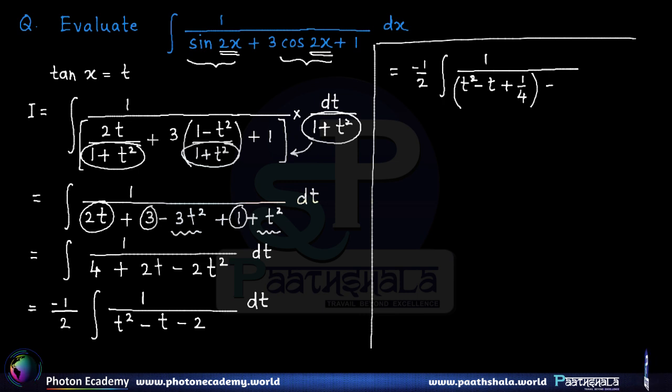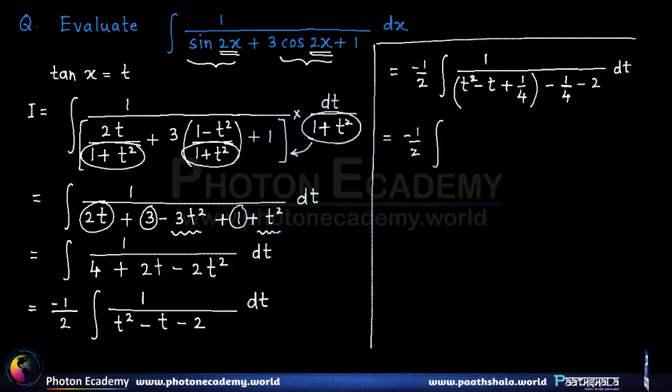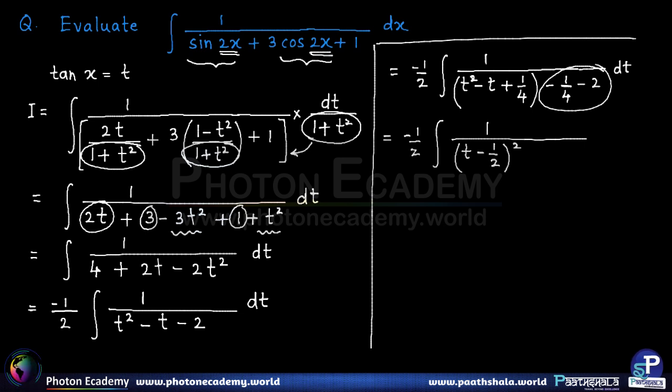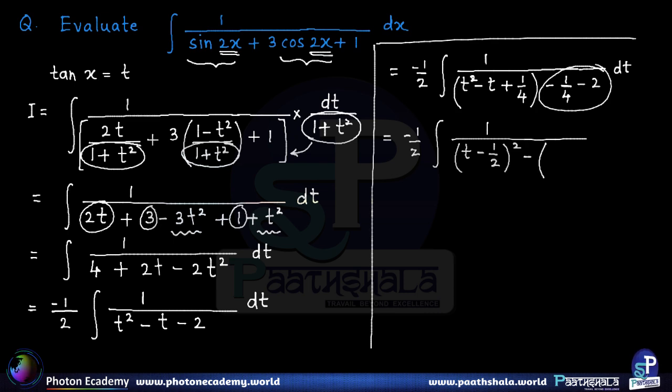So we must also subtract 1 by 4, and we already have minus 2. Simplifying further, we have minus 1 by 2 integral of t minus 1 by 2 the whole square, and now minus 1 by 4 minus 2 is minus 9 by 4, which is minus 3 by 2 the whole square.